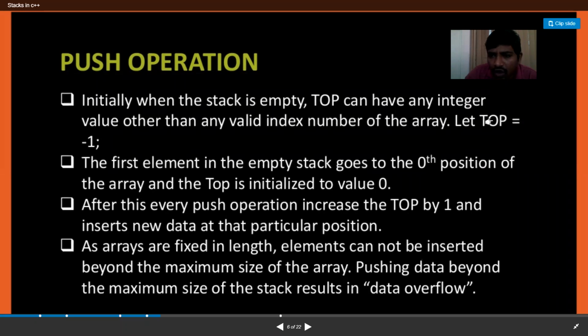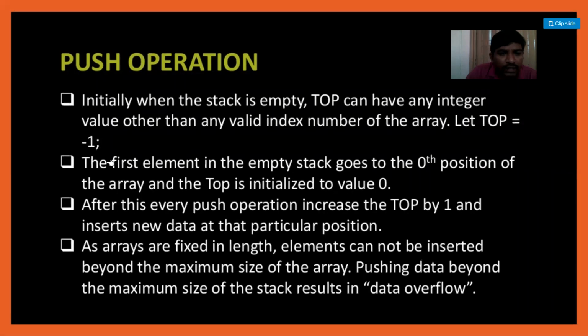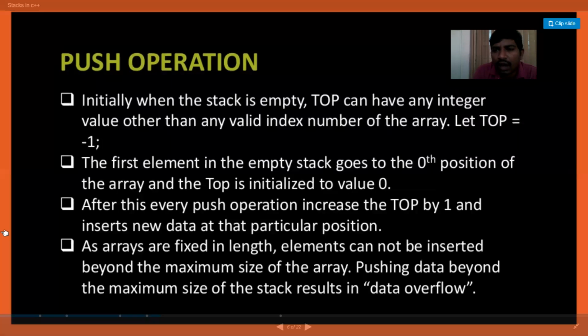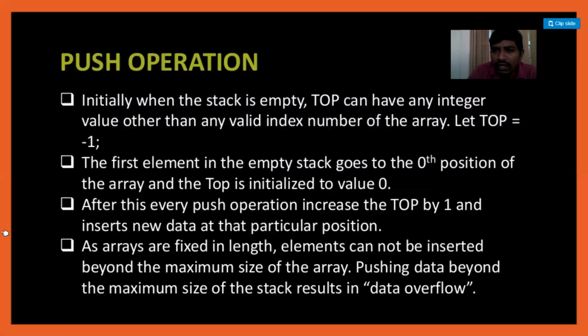First thing, if top is equal to -1, then the stack is empty. The first element in the empty stack goes to the 0th position of the array. Then the top is set to 0. When we insert one element into the stack, top will be increased.